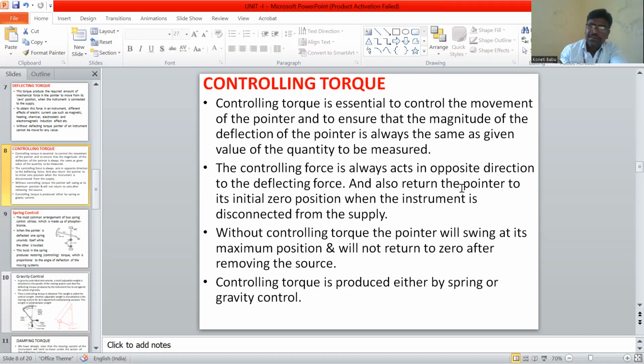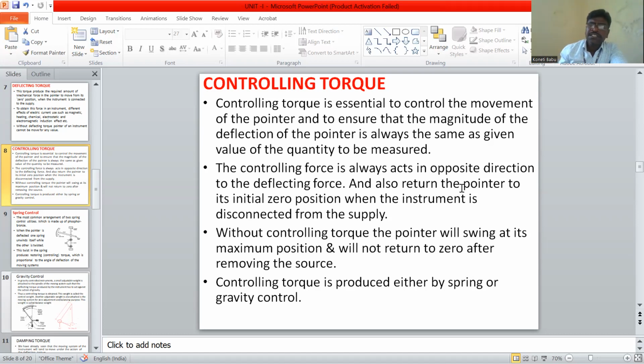That's why the controlling torque is also required. The controlling torque of the system is equal and opposite to the deflecting torque.